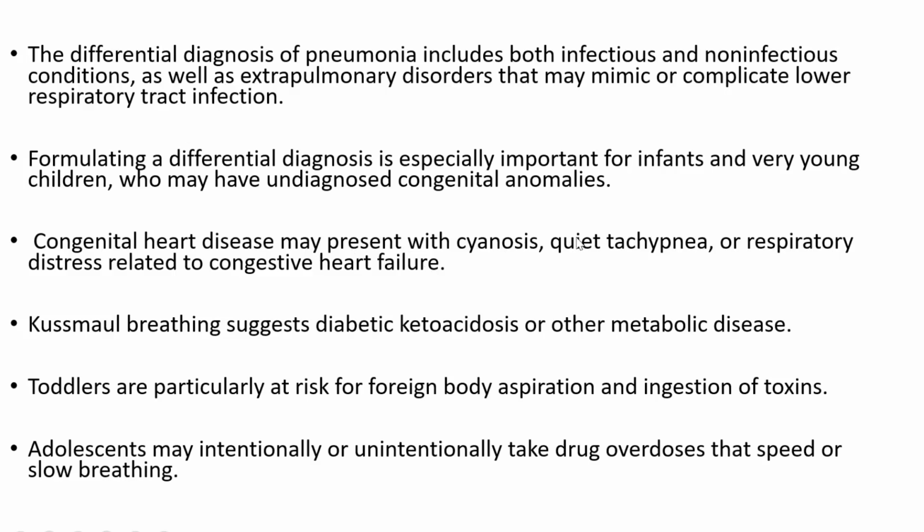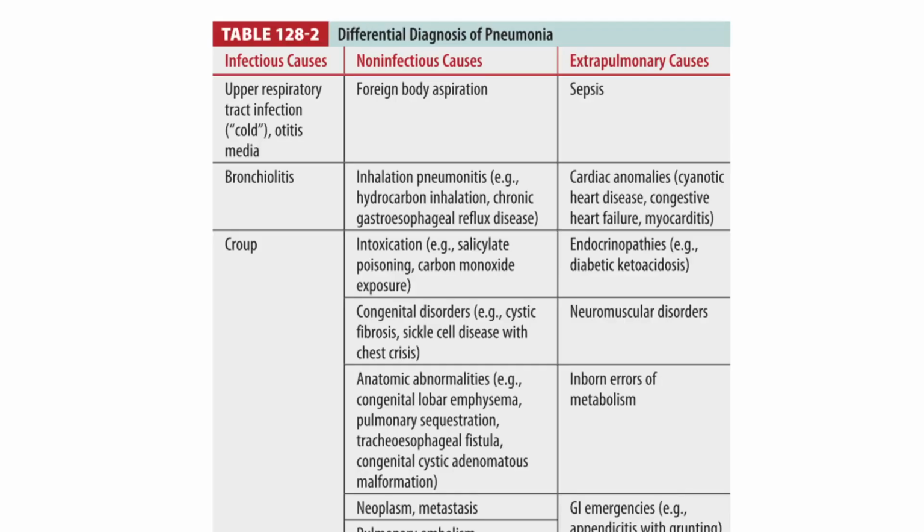Congenital heart disease may present with cyanosis, quiet tachypnea, and respiratory distress, and abnormal breathing such as in DKA or other metabolic diseases. Toddlers are particularly at risk for foreign body aspiration and ingestion of toxins. Adolescents may intentionally or unintentionally take drug overdoses that speed or slow breathing.